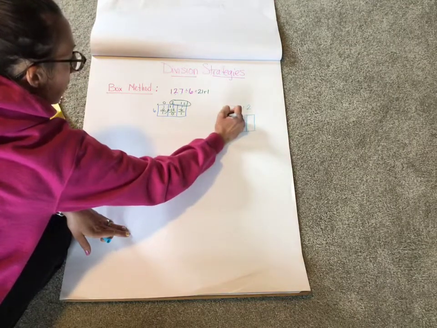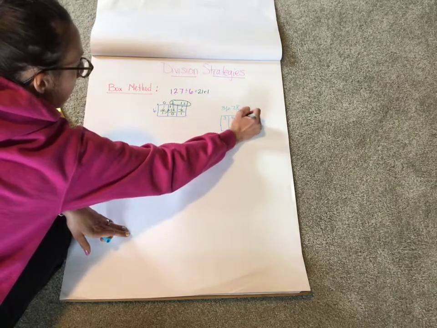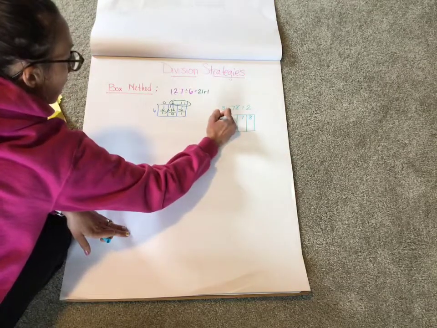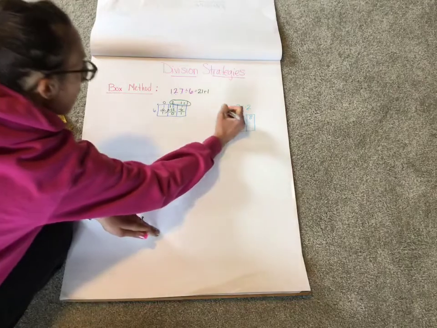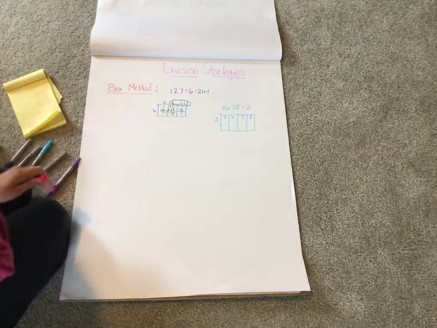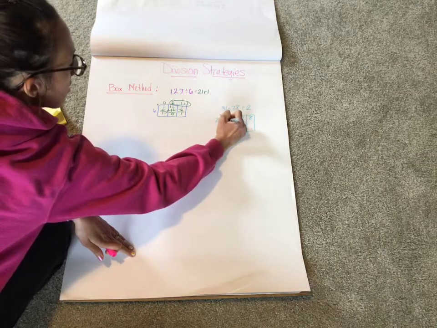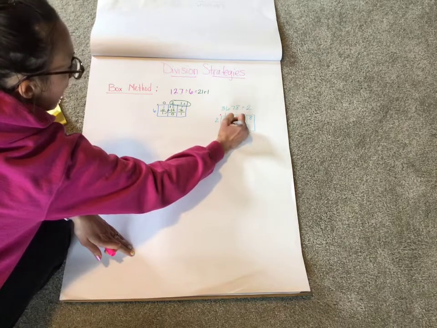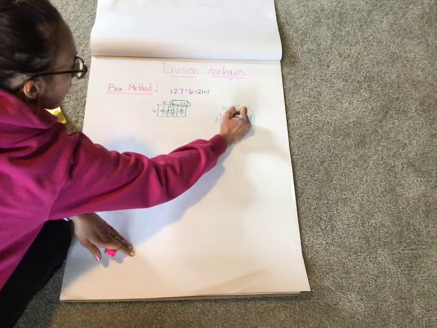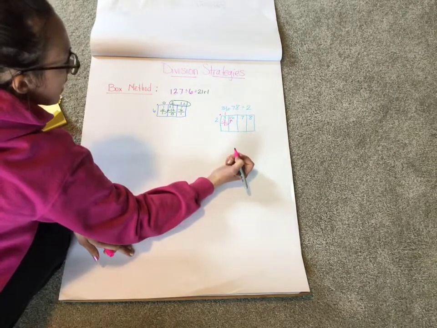And again, my numbers go on the inside with my divisor on the outside. How many 2's in 3? There is 1. 1 times 2 is 2. Subtract. My remainder comes up, and now I have 16.